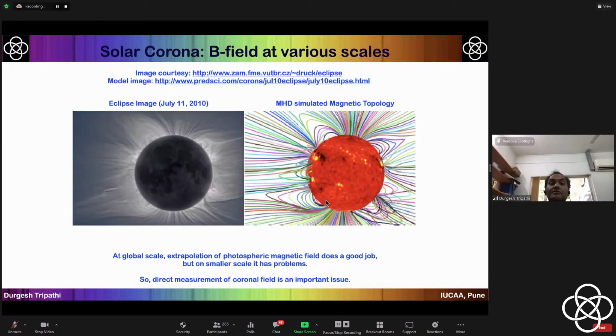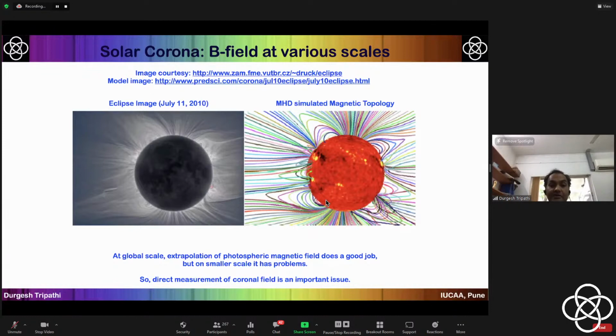Okay, so it is an ongoing effort to directly measure the magnetic field in the corona. And one of the instruments which is going to be on the Aditya L1 mission is supposed to be doing that. Of course, it will be difficult because the intensity is very small, so you'll have to do a lot of time integration to get enough signal to noise ratio to measure the magnetic field, again by polarization.